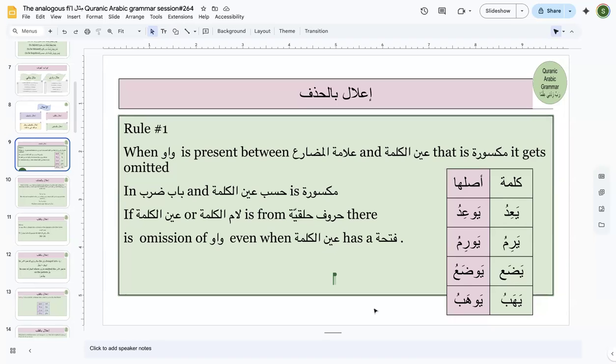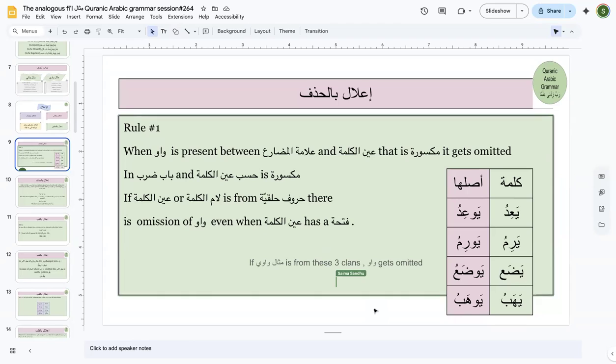You got it? So now one of my teachers, he said, if misal wawi is from these three clans, waw gets omitted.